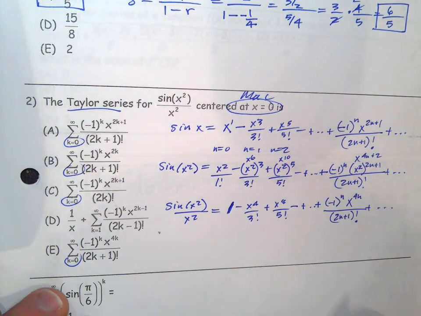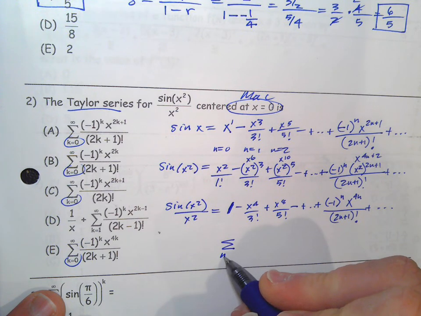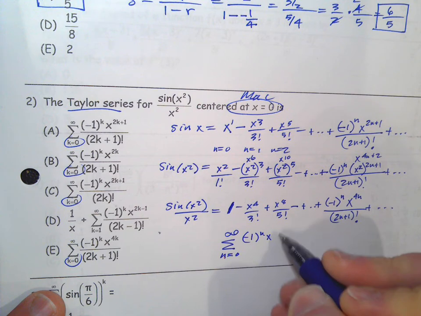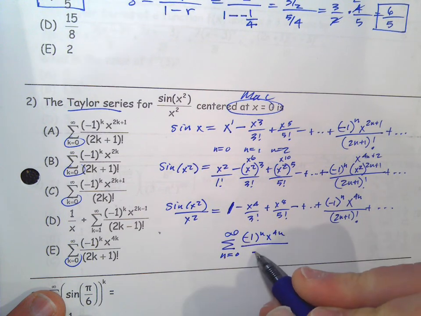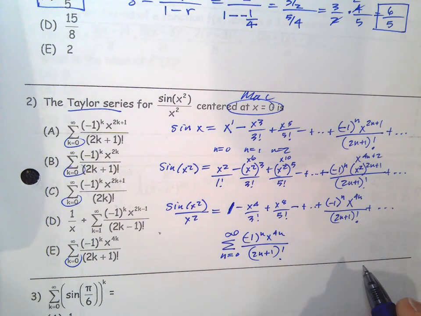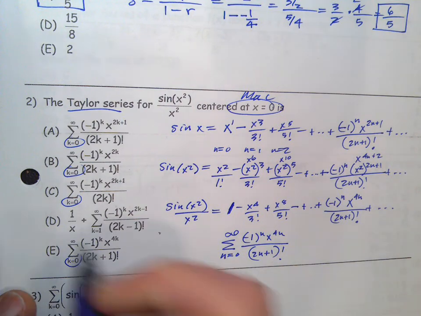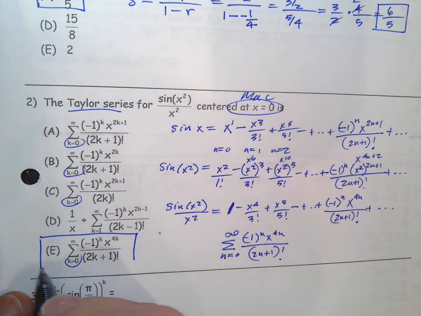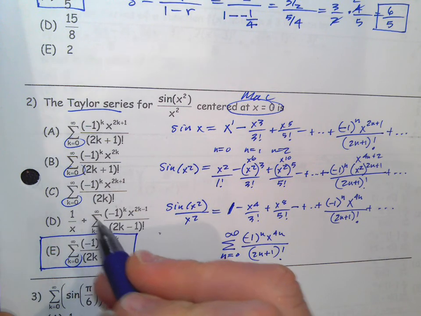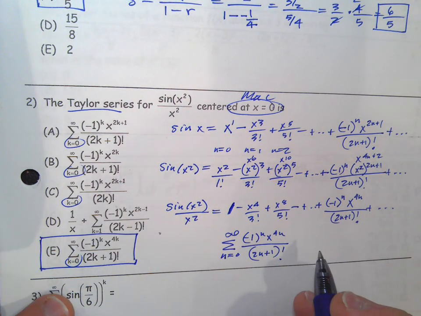So we're looking for the one that is n equals 0 to infinity, -1 to the n, x to the 4n over 2n plus 1, parentheses, factorial, if we start at 0. Now it's possible they could put the first term and then make it start at k equals 1, and then it would probably be the same formula.